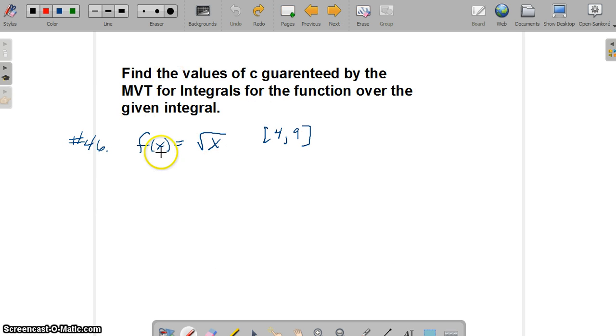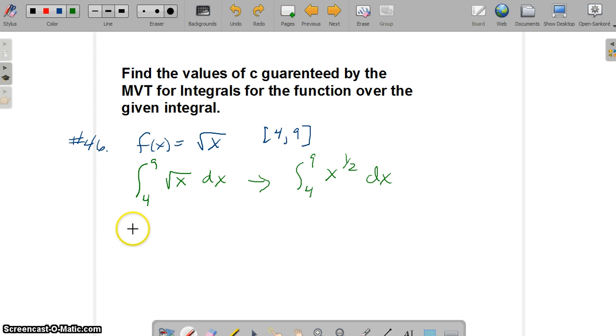So I'm going to take the integral between 4 and 9 of this, dx. My first step would be to rewrite this as x to the 1/2 power dx.